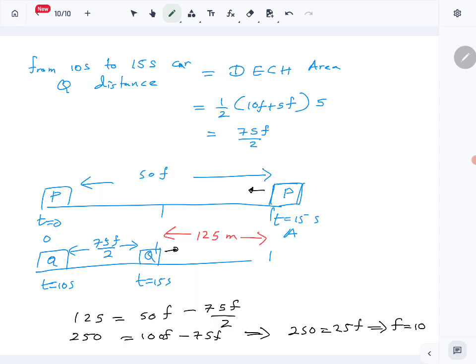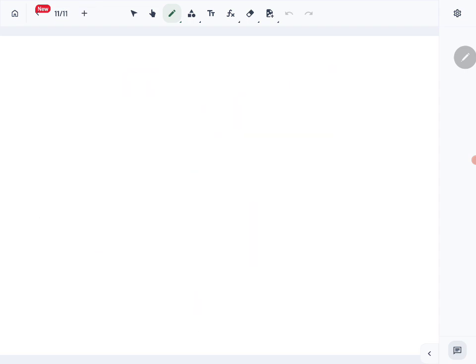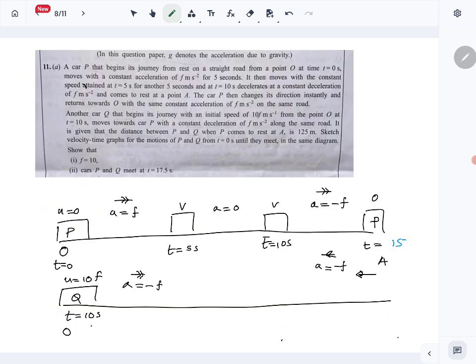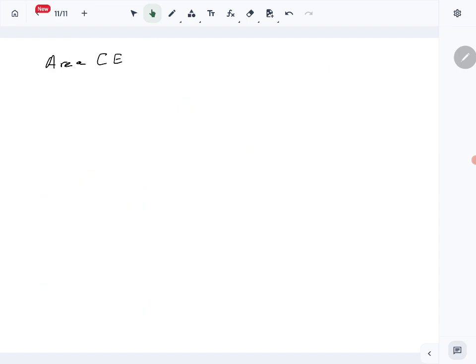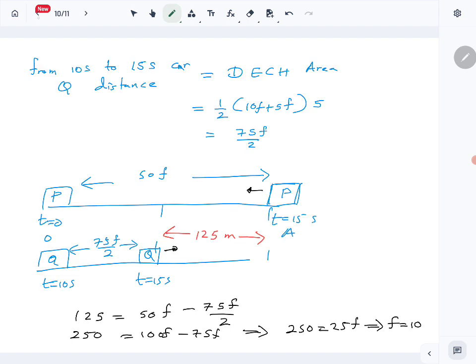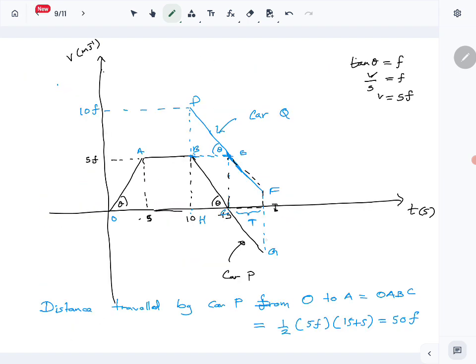So let's write that down. Area CEFI, plus we have to find the area traveled by car P. Together they will equal 125 if they are meeting.